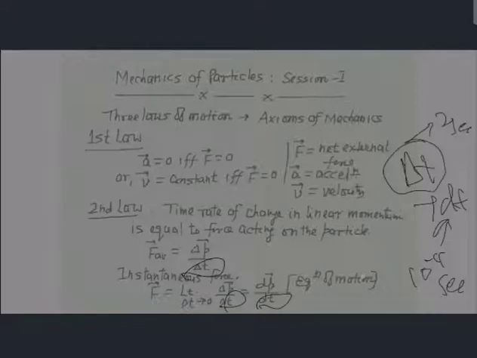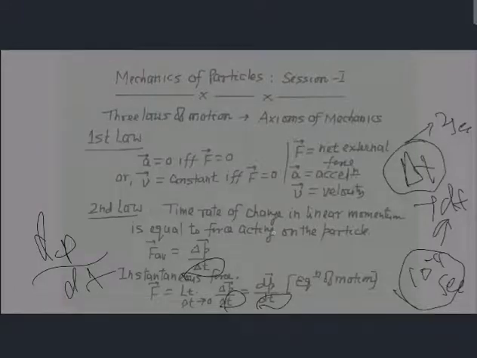So if I consider that in 10 to the power minus 11 second, a very minute change in momentum will come, but this dp by dt quantity will remain finite.